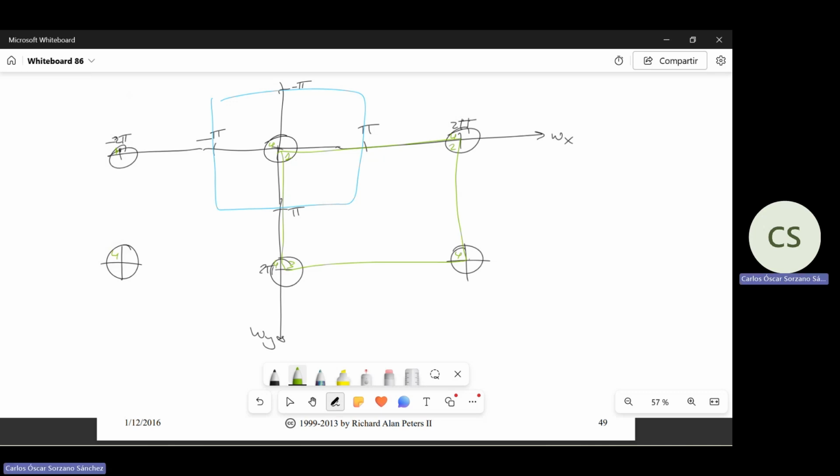If this is 2, this is also 2, this is also 2, this is also 2. If this is 1, then this is also 1. And if this one is 3, then this one is 3, this one is 3, this one is 3, and this one is 3.